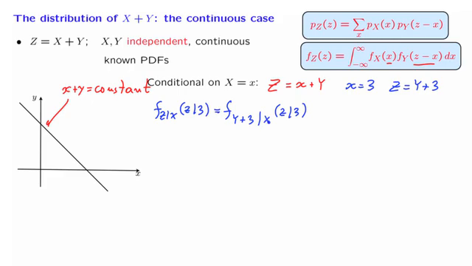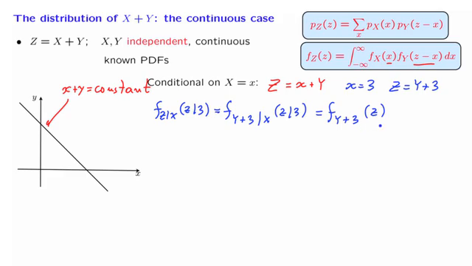And now we have the conditional PDF of y plus 3 given x. However, we have assumed that x and y are independent. So the conditional PDF is going to be the same as the unconditional PDF of y plus 3. And we obtain this expression.